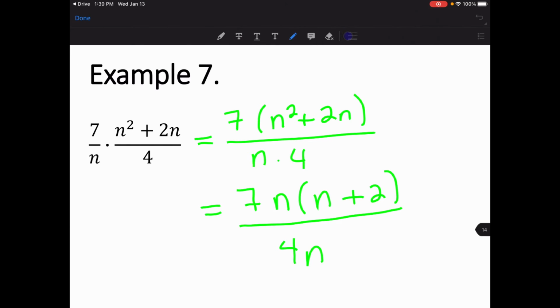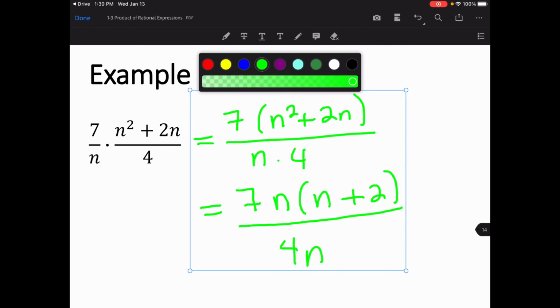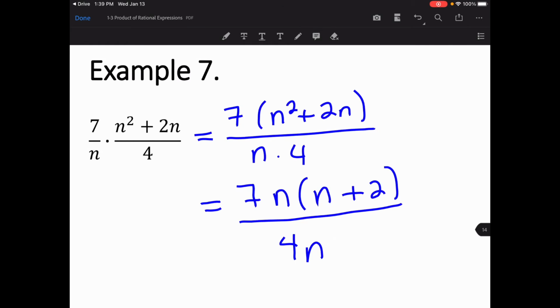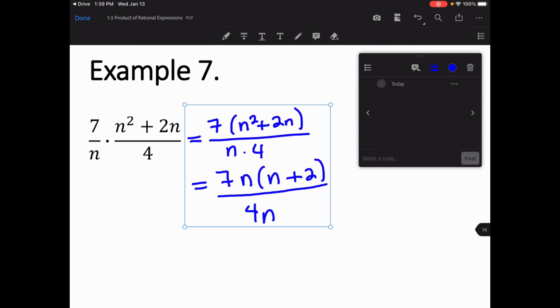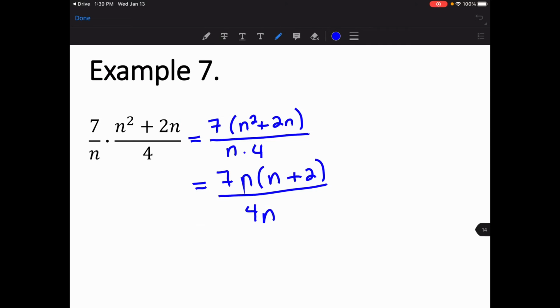Hold on, let me change this to blue. Then our next step is to see if there is anything we can simplify. Looking at my numerator and denominator here, I can see that they both have n, so I'm going to cross them out. Therefore, my final answer for this is 7 times n plus 2 over 4.